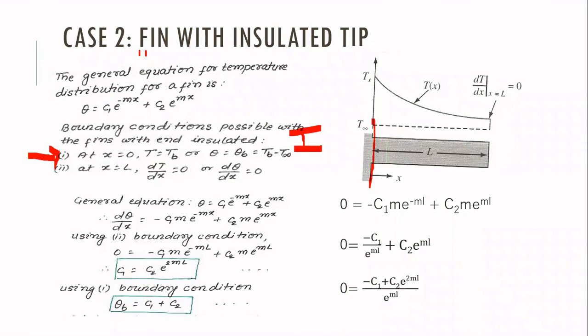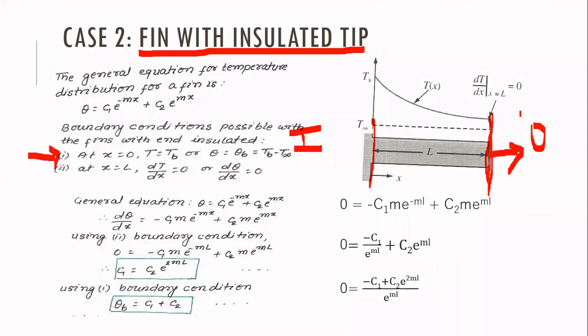Now here the case was the fin is insulated at the tip. If the fin is insulated at the tip, what is the rate of heat transfer at this particular section? 0. Here the rate of heat transfer is equal to 0. So do we know the rate of heat transfer at this section? Yes, the rate of heat transfer is known at that particular section, so we are going to equate that.